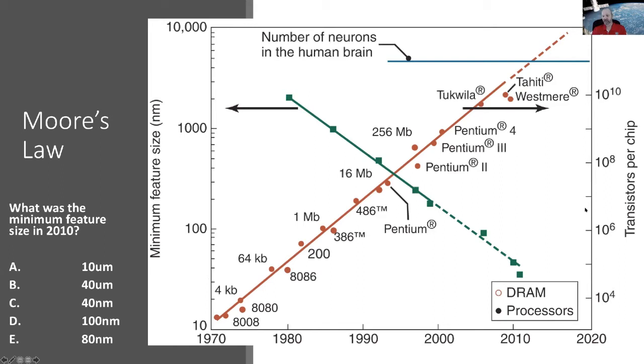So this is again in a log. We go from 10 to the 4th to 10 to the 5th. So how much time did that take? If we go over here, we're about the mid 70s at 10 to the 4th. And then we go 10 times more by 1980. So in 5 years, we went a factor of 10 in the number of transistors per chip.